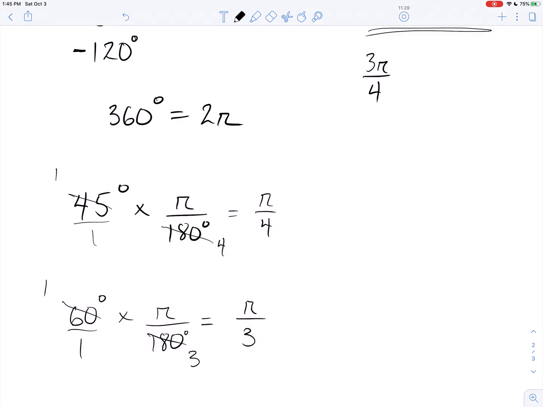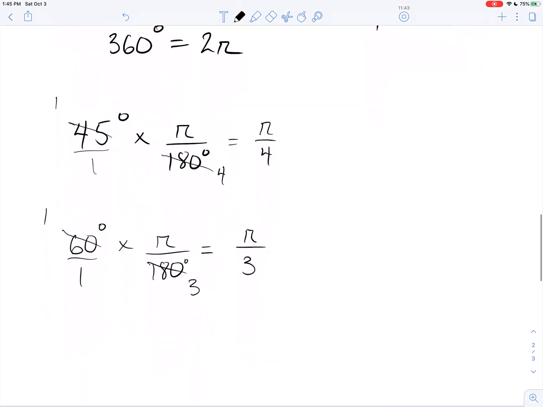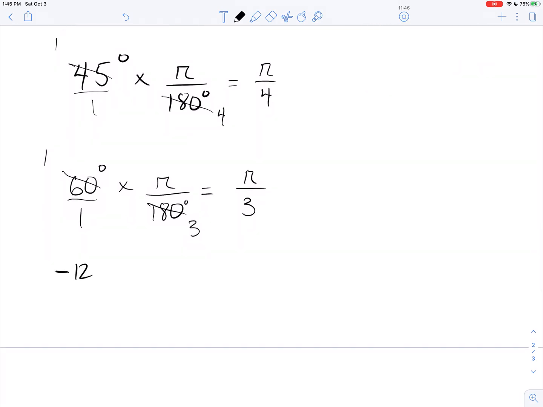Now, this hopefully was something you saw in geometry, but if you forgot about it, it's coming back. Also, I still have my buddy up here, negative 120. If I wanted to take something like that and convert it, I still just take pi over 180.